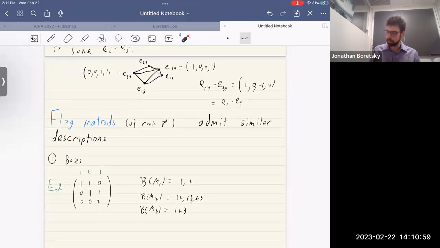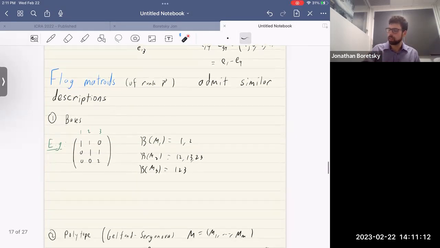Now, matroids are great, but we need to keep going because I'm interested in flag structures. So I need to tell you what a flag matroid of rank R is, and they have similar descriptions. I'm going to give you a basis description and then a polytope description. So for the bases, I want to look at my n by n matrix, and I want to look at the rows corresponding to ranks R_i. So in this case, I'm looking at ranks 1, 2, 3.